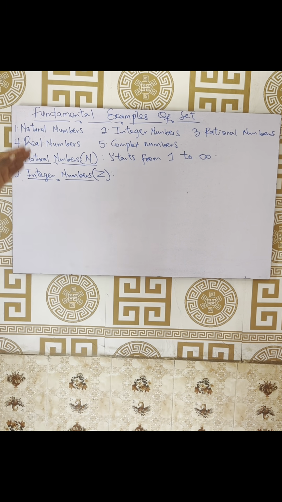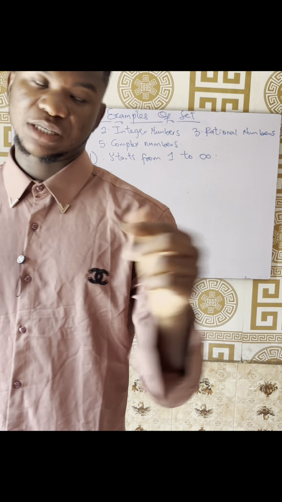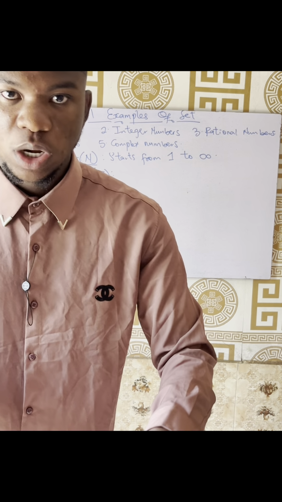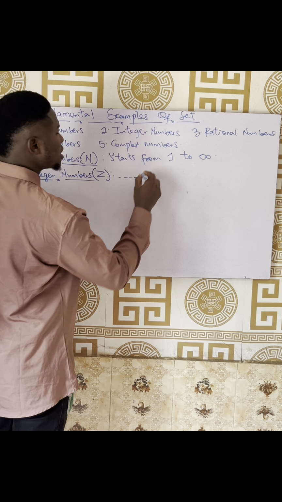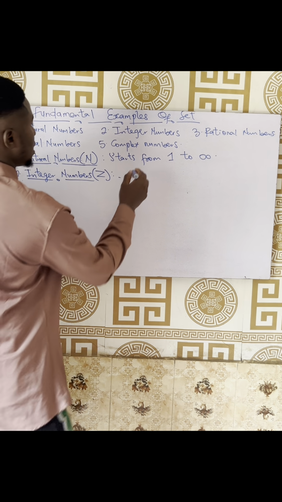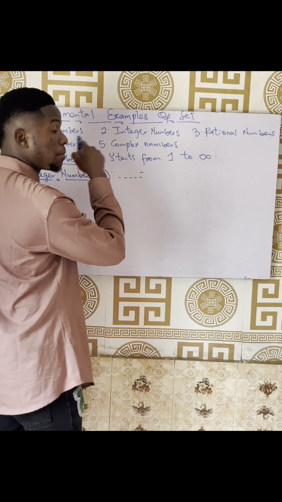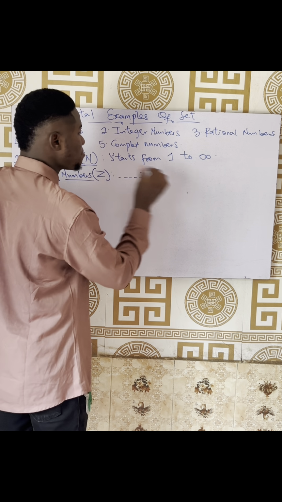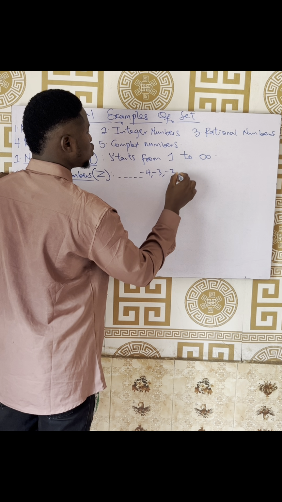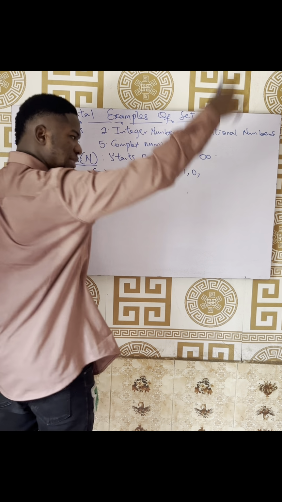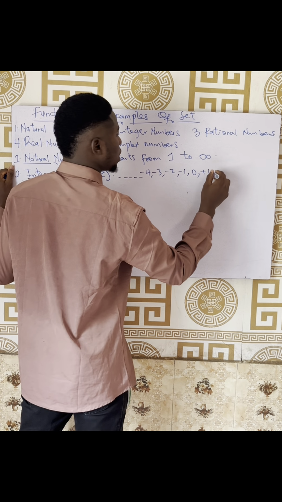So whenever we are talking about integer numbers, we are going to be considering two things, positive and negative, including 0. Are you there with me? So any number that is coming from minus, like minus 10, minus 9, minus anything, is an integer number. So minus 4, minus 3, minus 2, minus 1, 0, to the positive, plus 1, plus 2, plus 3, plus 4 till infinity.